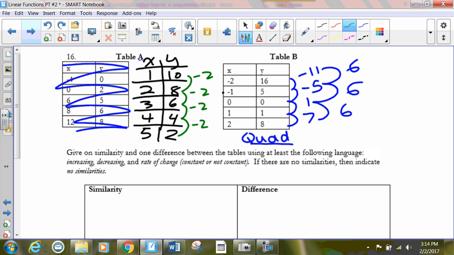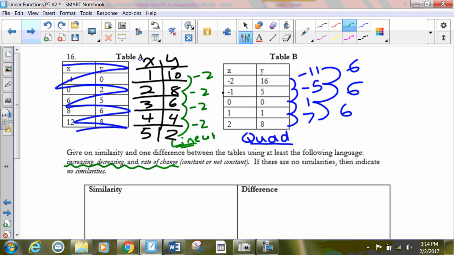All right, let's stop and compare. The differences are pretty easy. Yes, we could say one is linear and one's quadratic, but we're really going to try to use these words: increasing, decreasing, and rate of change. So the linear has a constant rate of change, right? Each output is changing by a negative 2.